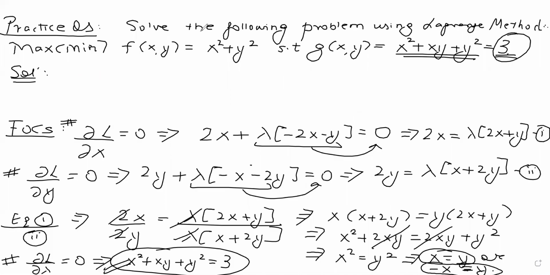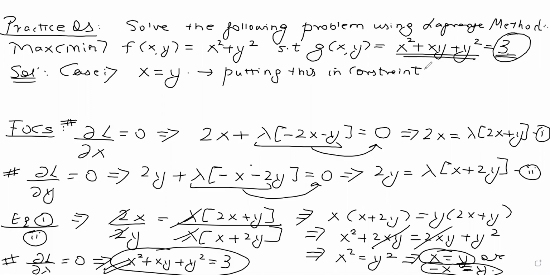So I can write case 1. If I take the case that x is equal to y, putting this in the constraint, what do I get? X square plus x into y is nothing but x square, plus y square is again x square.